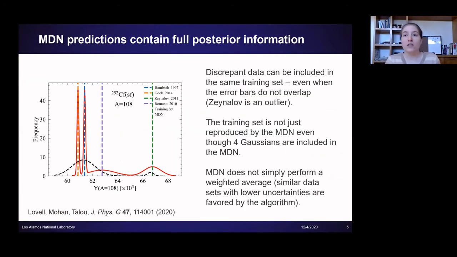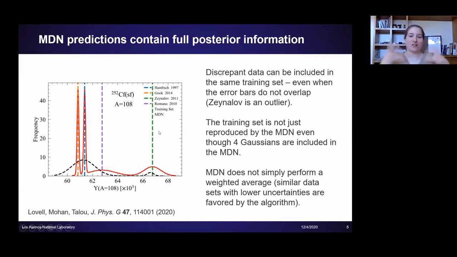And then I also mentioned that these probabilistic machine learning algorithms give you full posterior information. So in this case, we looked at 4 data sets, which are shown by these vertical dashed lines of different colors, which all come with an uncertainty. And we constructed a training set that we drew from these uncertainties, which is shown here by the red line as our training set, because somehow my colors didn't all come through here, which I apologize.